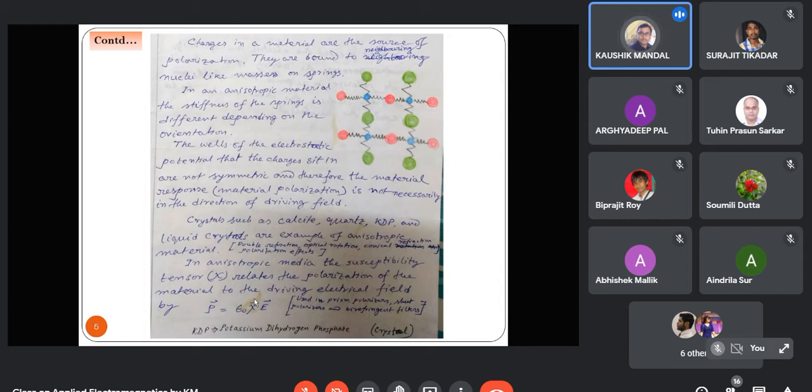So this susceptibility of the material is represented by a rank 2 tensor. That means it is a quantity with two directions. Rank 2 means two directions, and it can also be represented in a matrix form.